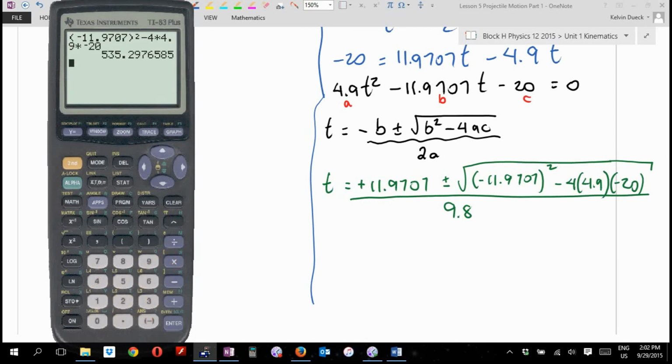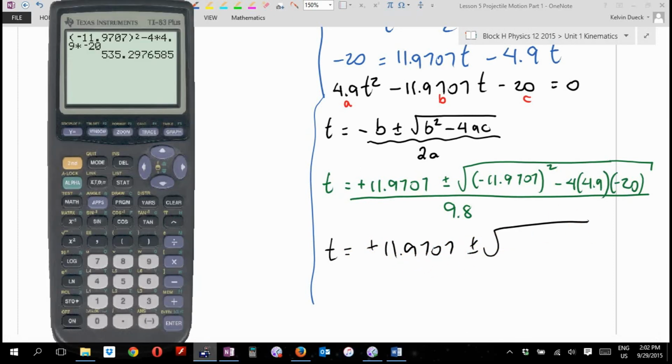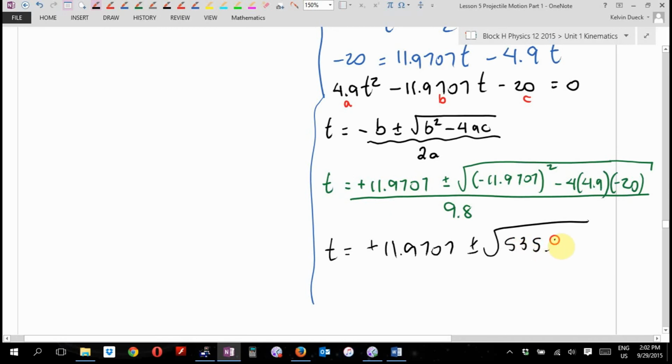Inside the square root is that number. So this ends up being t equals positive 11.9707 plus or minus the square root of 535.298, all over 9.8.